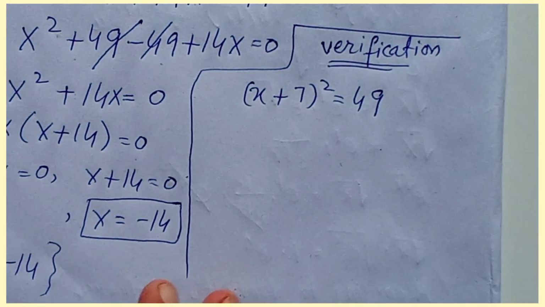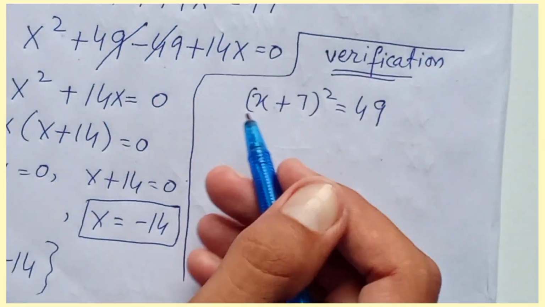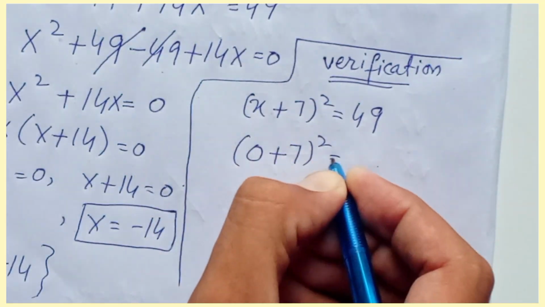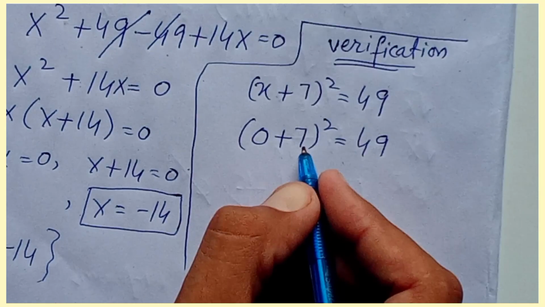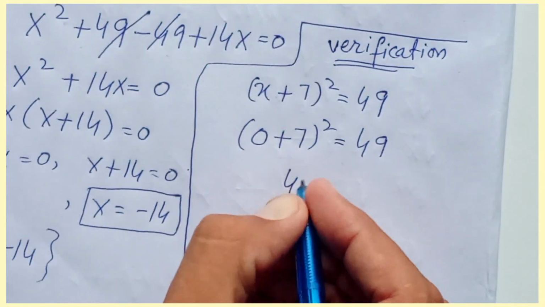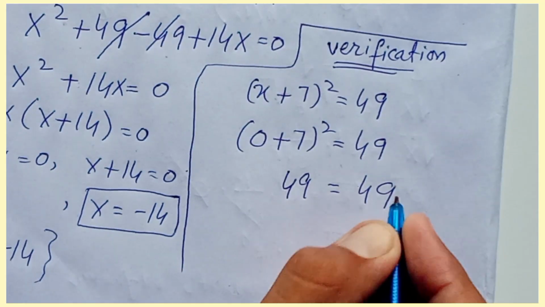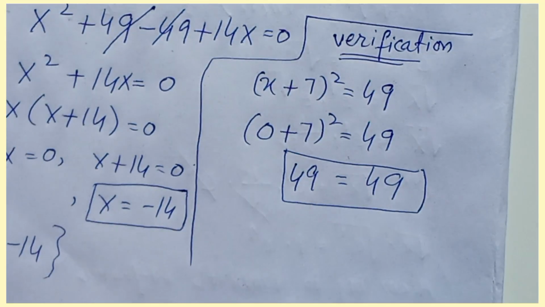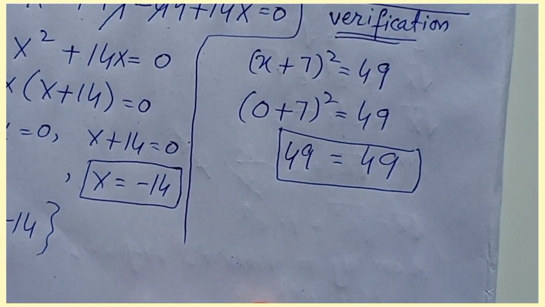Firstly I put the value of x as 0. So (0 plus 7) to the whole square is equal to 49. 7 to the whole square is 49, so 49 is equal to 49. LHS is equal to RHS. It means that x equal to 0 is the correct answer.